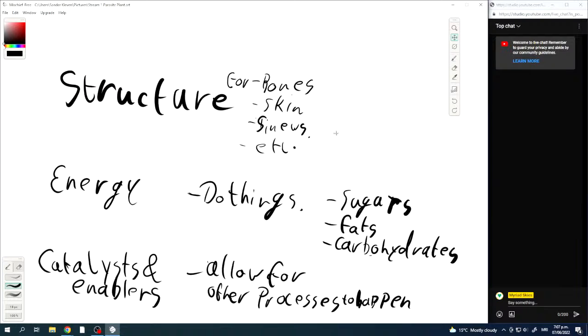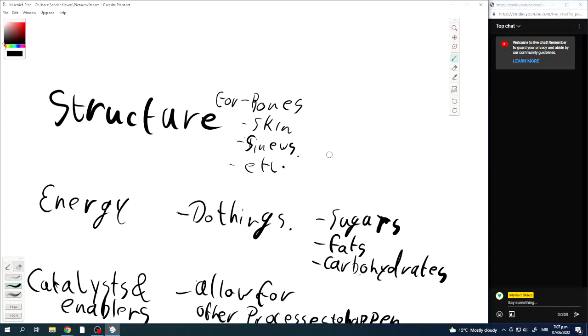Now, the structure ones are a bit more tricky, I imagine. I get my terminology twisted up. The structure stuff will probably have to do with what kind of stuff is actually making up the walking nest.